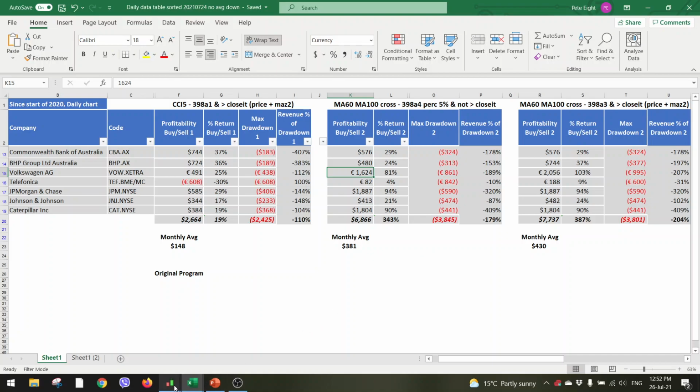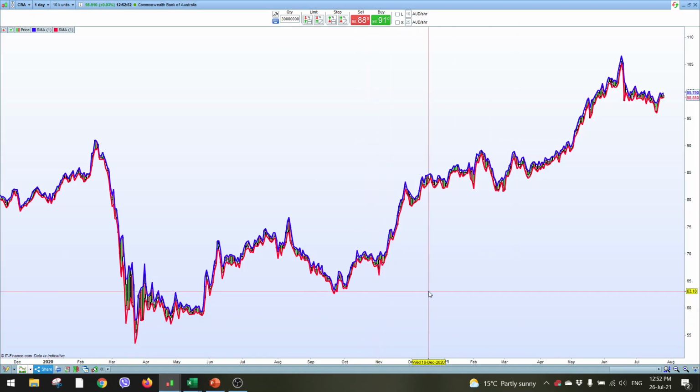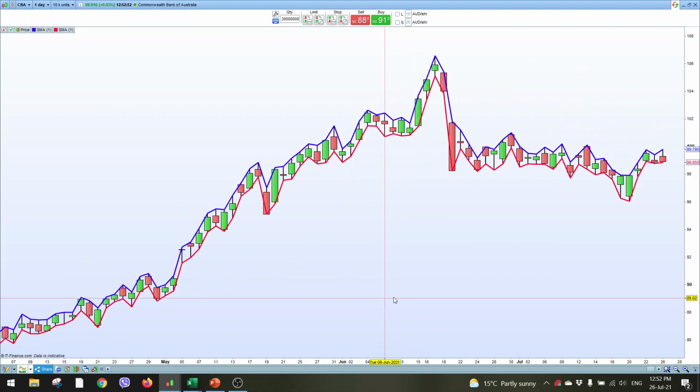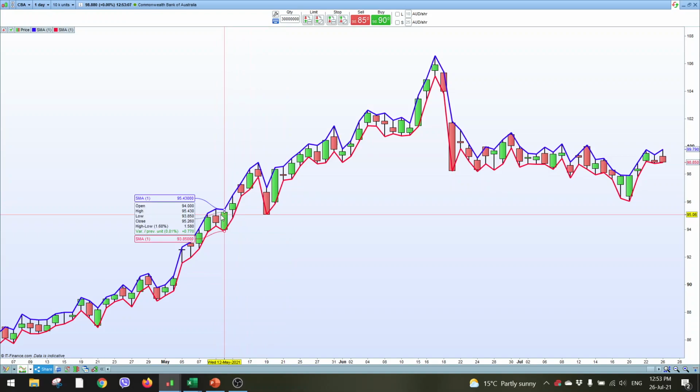I'll try to explain it in this little chart here. At this point, at the last 100 bars, and again we're looking at a daily chart for the same CBA chart, what was the average high and low range? So for example, let's say at that point the high was 95.43 and the low was 93.85.